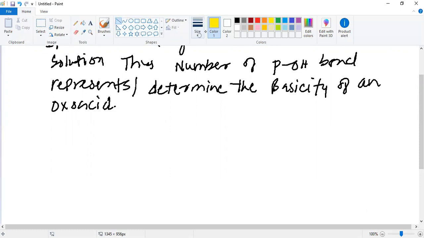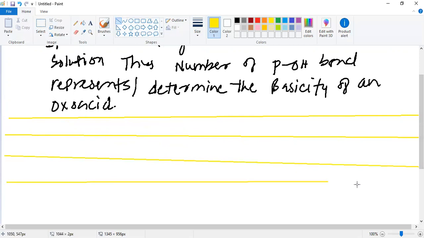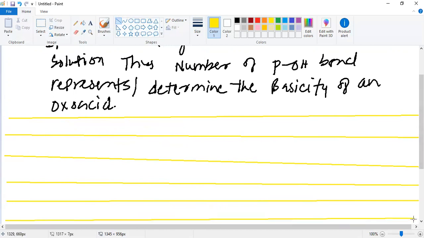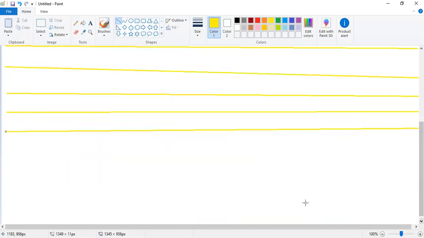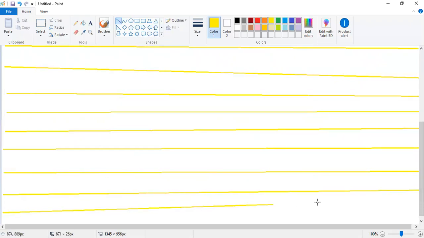The number of P-OH bonds determines actually the basicity of a particular oxoacid. So let us look at the various oxoacids and their basicity and their number of OH bonds, so that we can remember it, and whenever we are asked a question, we can easily answer such questions. So let's pay attention and understand it.